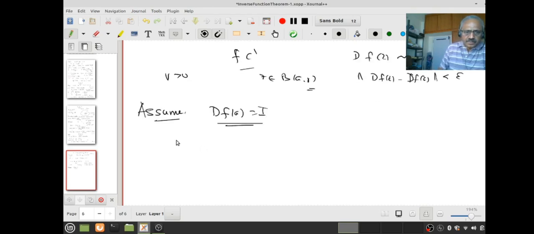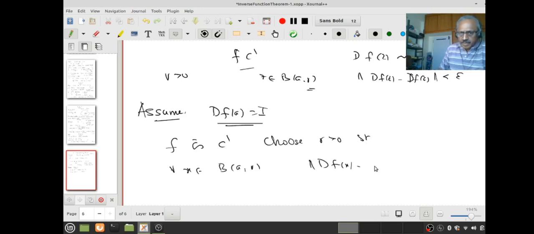Since f is C1, choose r positive, so that for every x in B_R, norm of Df(x) minus identity, which is my Df(a), is less than half. Right?